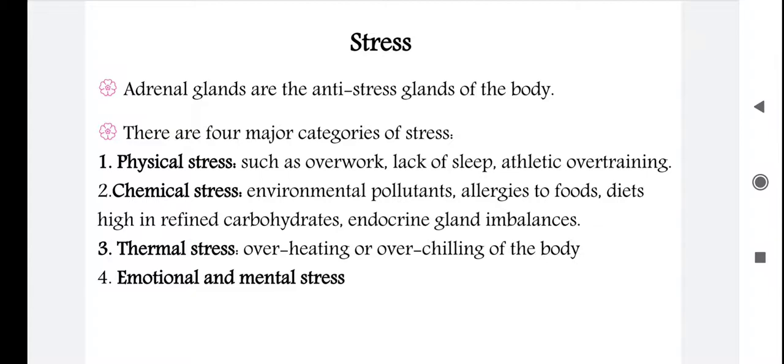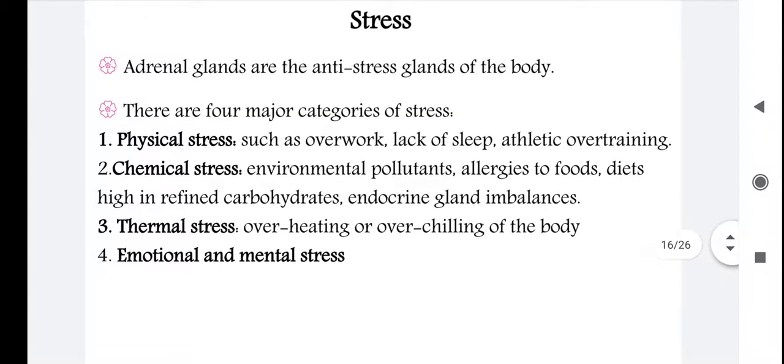The adrenal gland has an anti-stress effect on the whole body. We have four major categories of stress. We can have physical stress, chemical stress, thermal stress, and emotional stress. Examples of physical stress are overwork, lack of sleep, and athletic overtraining, which appear during hard exercise.